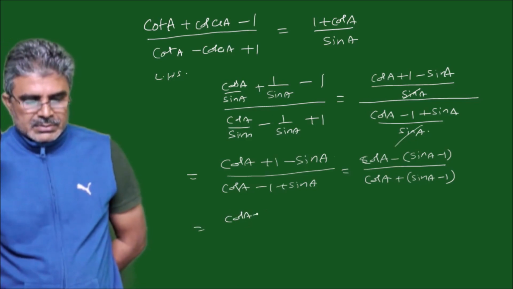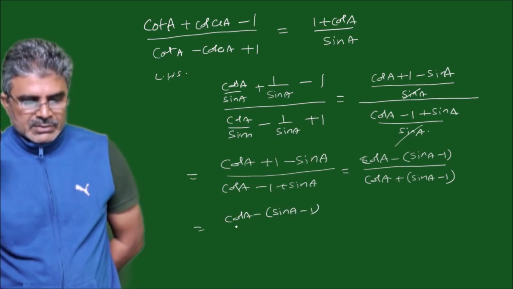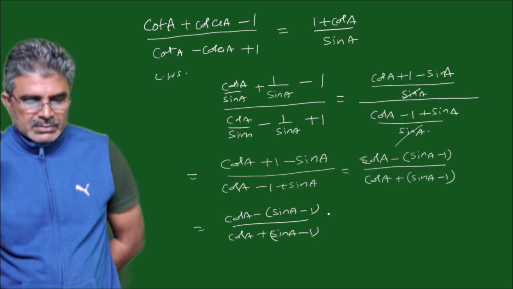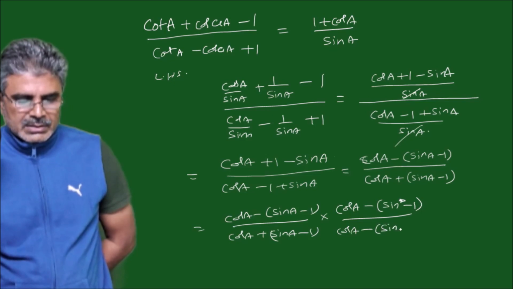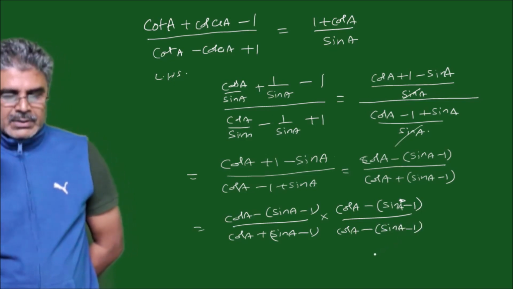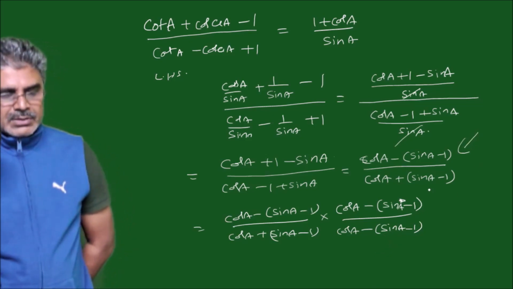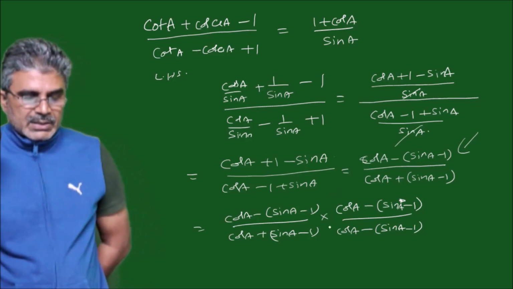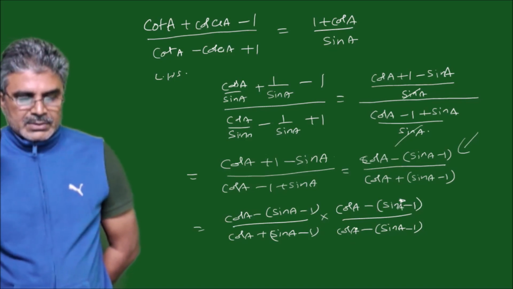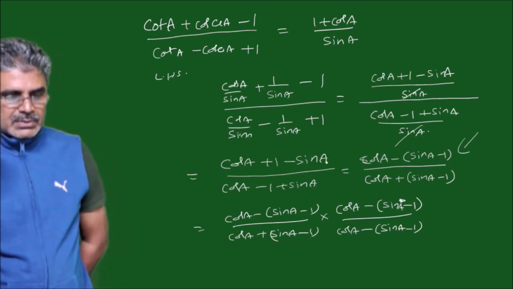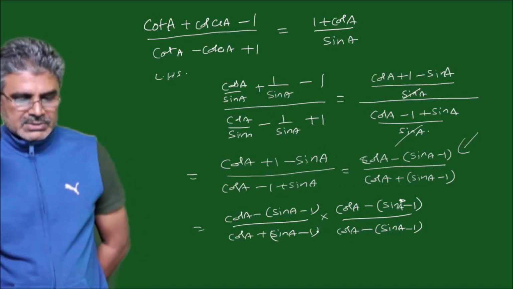So cos A minus sin A minus 1 by cos A plus sin A minus 1, rationalizing this with cos A minus sin A minus 1 divided by cos A minus sin A minus 1. I just readjusted the terms like A minus B into A plus B, and I am rationalizing the denominator with cos A minus bracket sin A minus 1, because I want to convert this denominator factor into a single term.